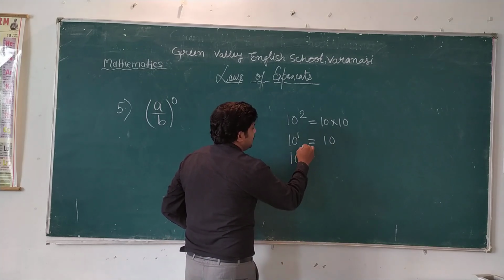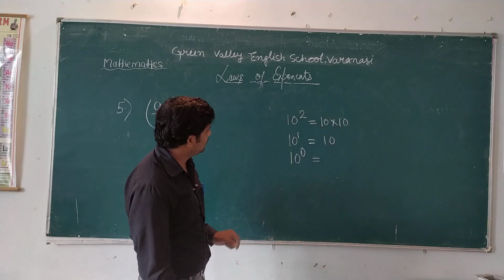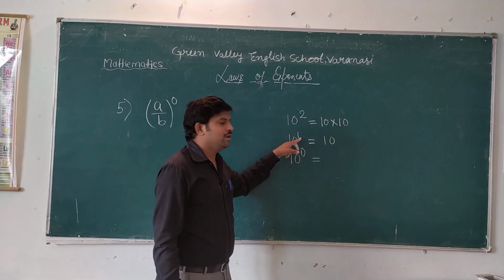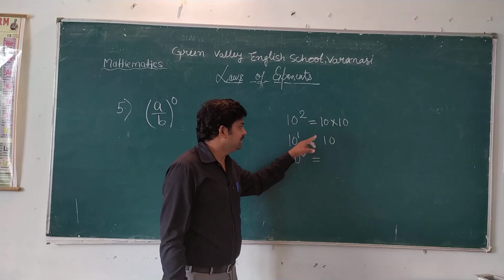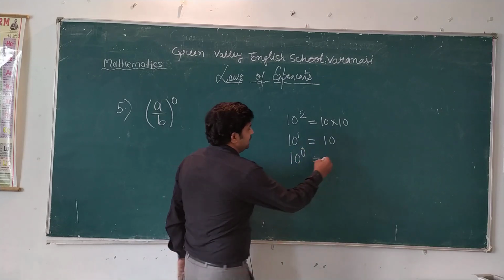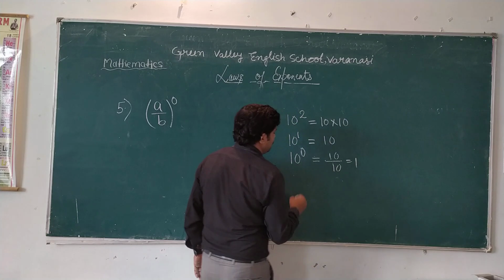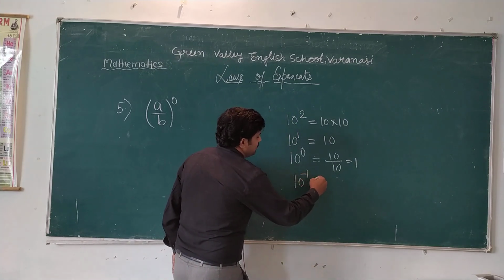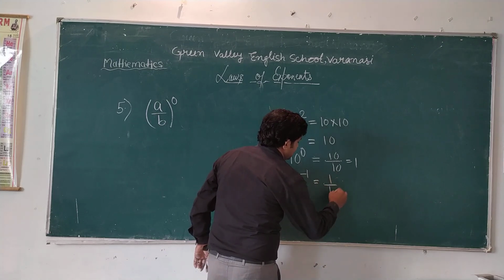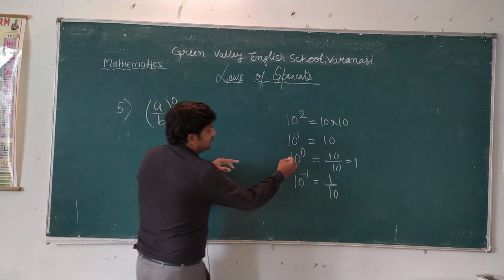And when we write 10 to the power 0, what do we write? Here 10 to the power 2 is 10 into 10. When we divide 10 into 10 by 10, we get 10, which is 10 to the power 1. 10 divided by 10 is equal to 1, and 10 to the power minus 1 is 1 divided by 10.